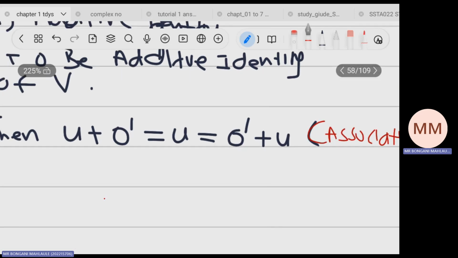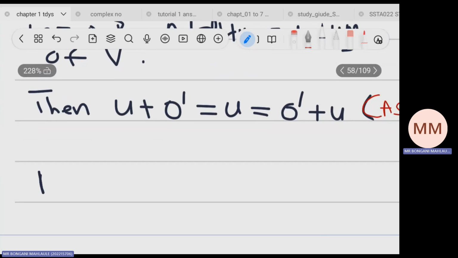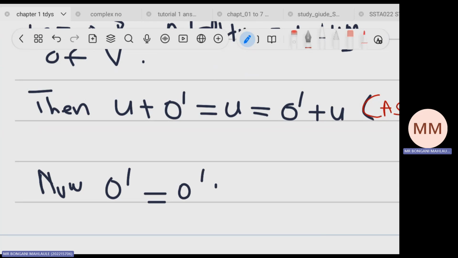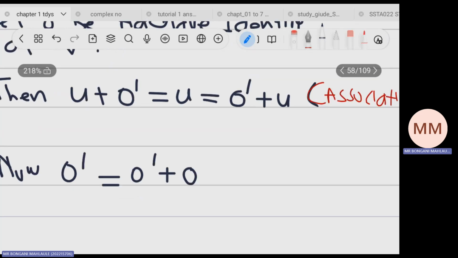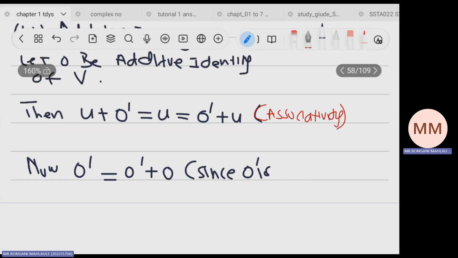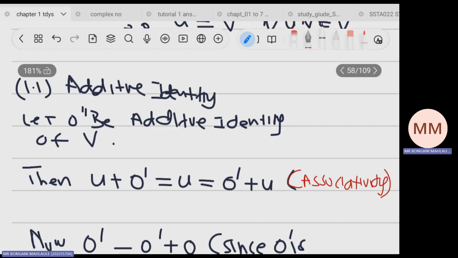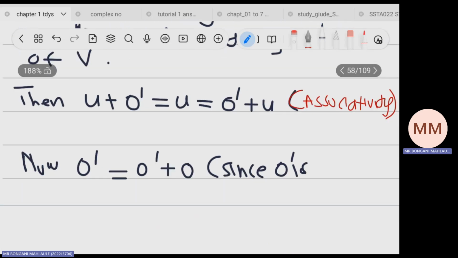Now, 0 prime will be equal to 0 prime plus 0, since 0 is an additive identity. We said let 0 prime be an additive identity.